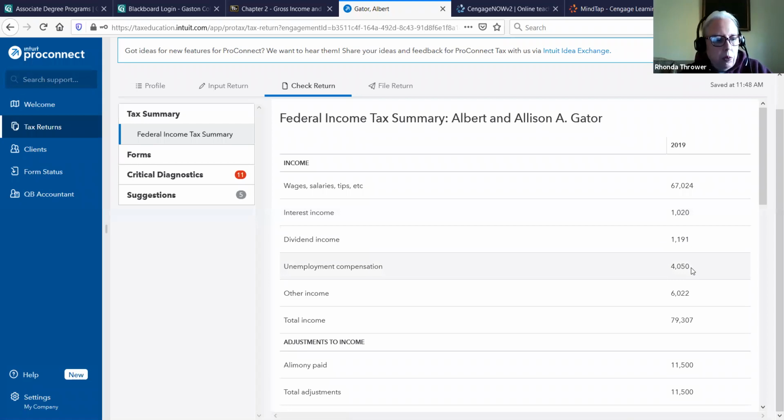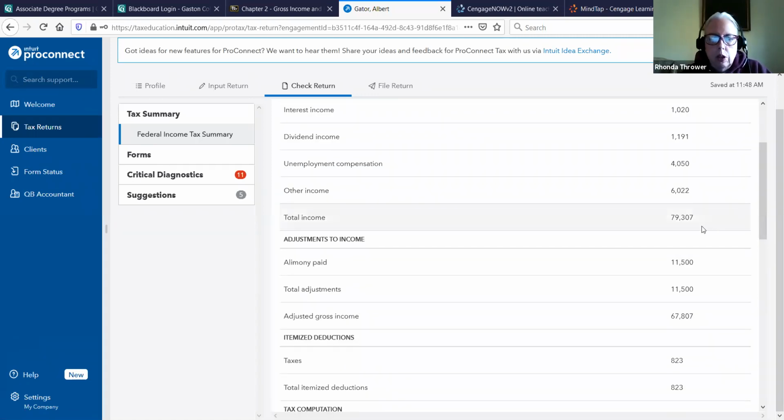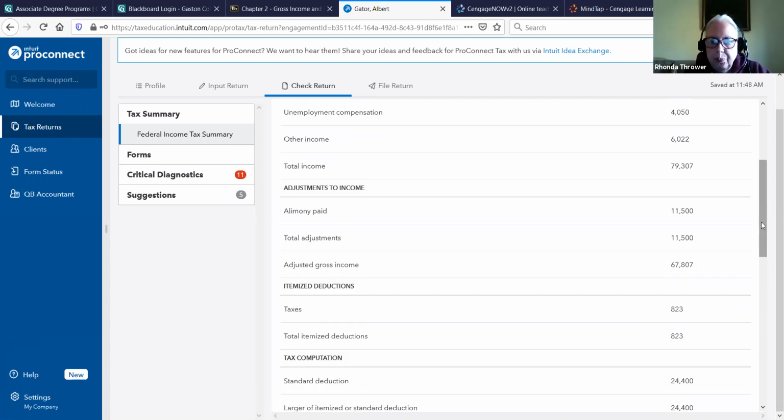The unemployment compensation was $4,050. And the other income was your gambling earnings. And so you had a total of $79,307 for the income. And that is correct. We also paid some alimony of $11,500, which would be deducted from our total income.